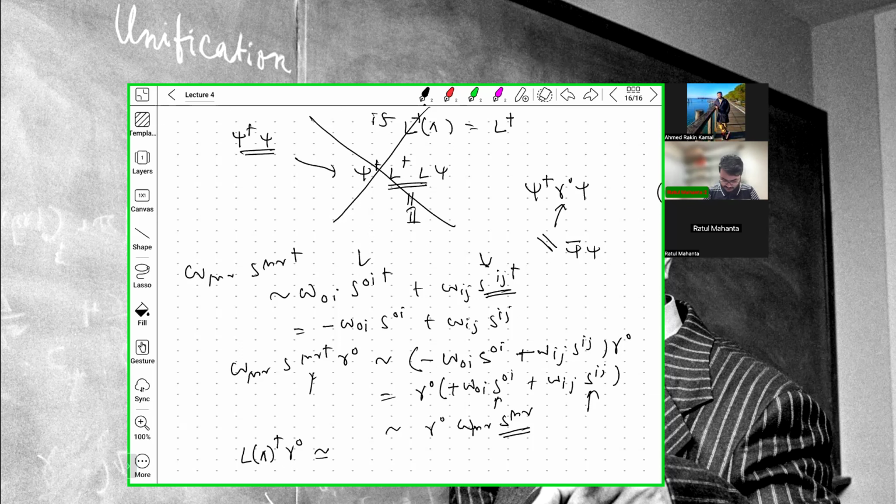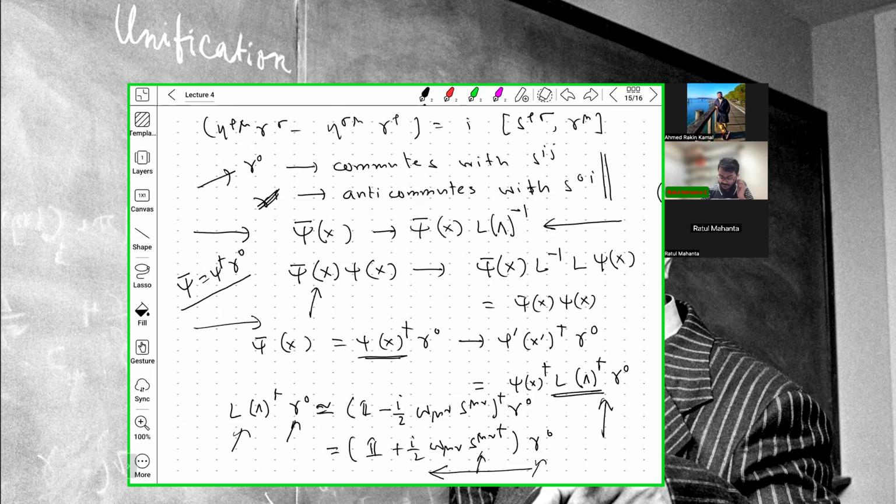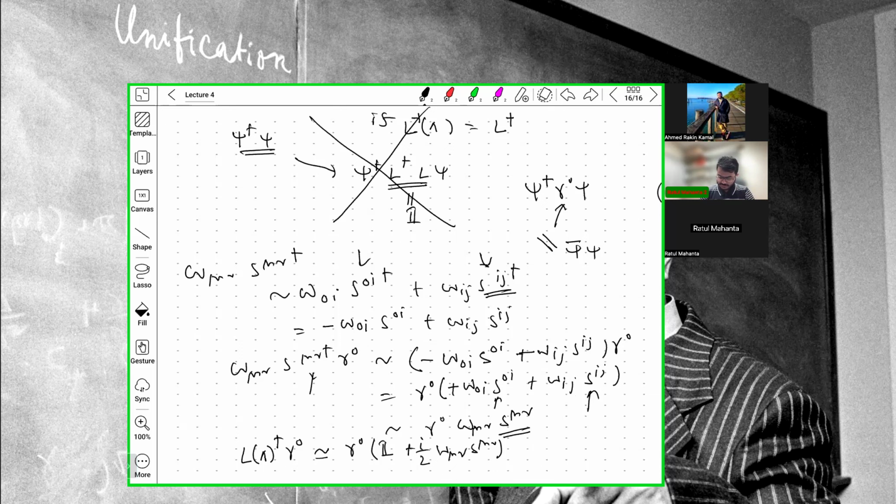At least infinitesimally we have shown that this is identity plus i by 2 omega_{mu nu} S^{mu nu}. So earlier there was, to start with, a minus, but we have a plus, and also this dagger has gone away.